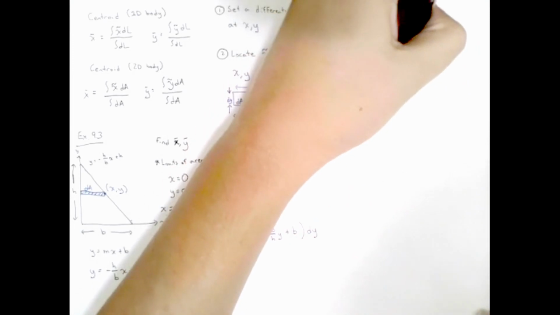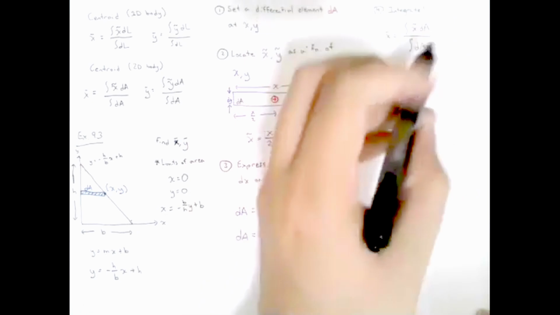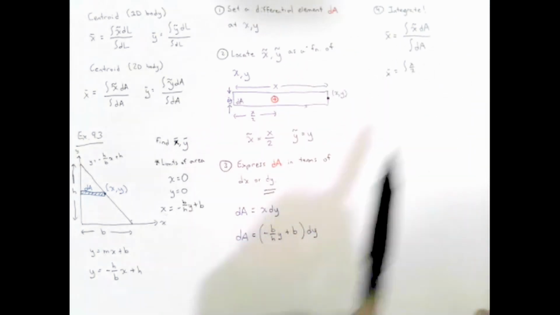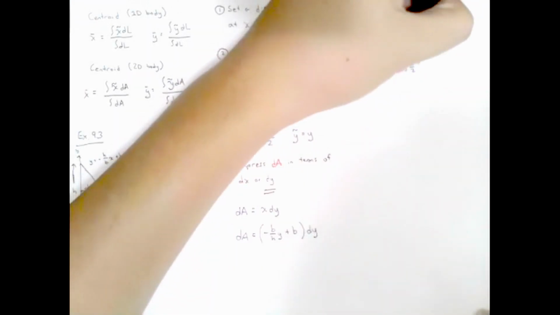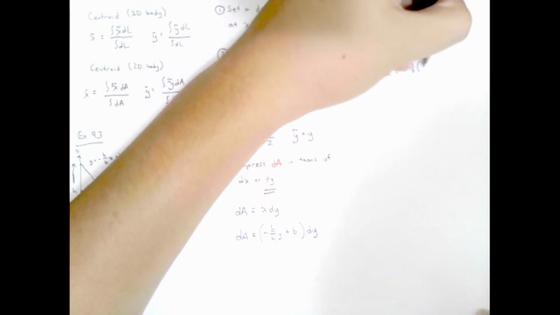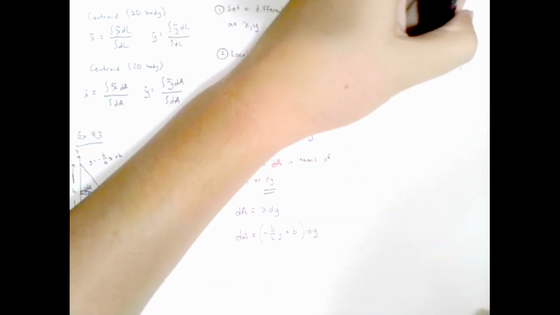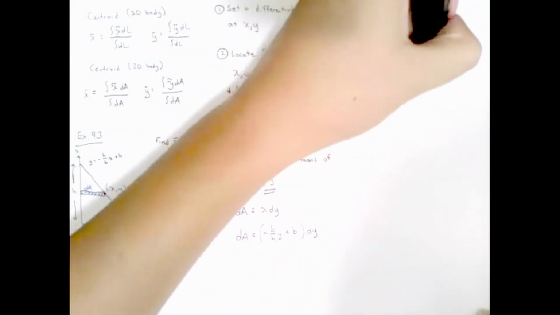So I'm going to write the integral of x over 2 times dA, but I know that dA is equal to this entire expression. So I'm just going to write down the entire expression here. On the denominator, I have the integral of dA, and I know that dA is equal to this entire expression.